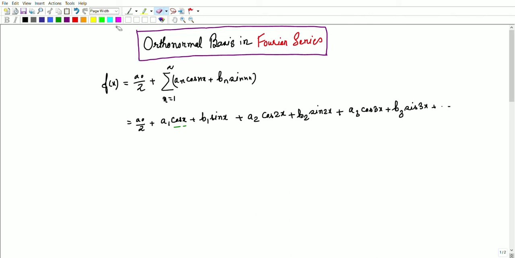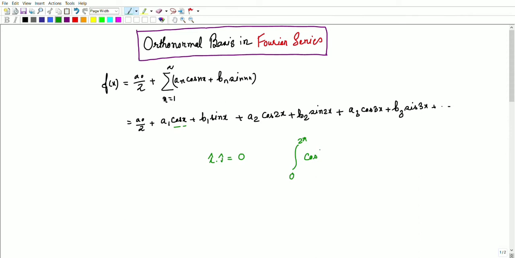So how can we talk about the orthogonal basis or orthonormal basis in terms of functions? When we talk about orthogonal vectors, there we simply take the dot product, and the dot product gives 0. But here, since these are functions, and these are periodic functions with period 2 pi, we cannot simply do a dot product, because these are not vectors either, so we have to do the inner product, and the inner product is defined like this.